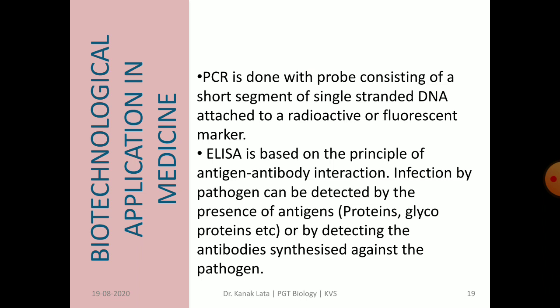The clone having the mutated gene will not appear on the photographic film, because the probe will not have complementarity with the mutated gene. ELISA is based on the principle of antigen-antibody interaction.